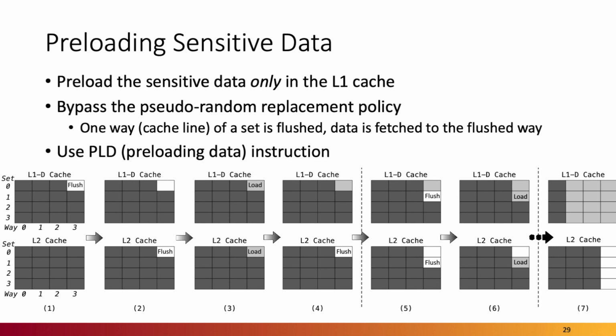Through some experiments, we found that if a cache line is flushed, new data is fetched to the flushed cache line. So we repeat flushing and fetching a cache line until preloading is done, as shown in the figure below. Please refer to our paper for more details.